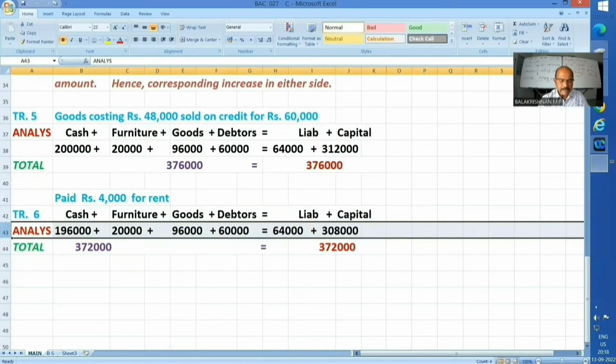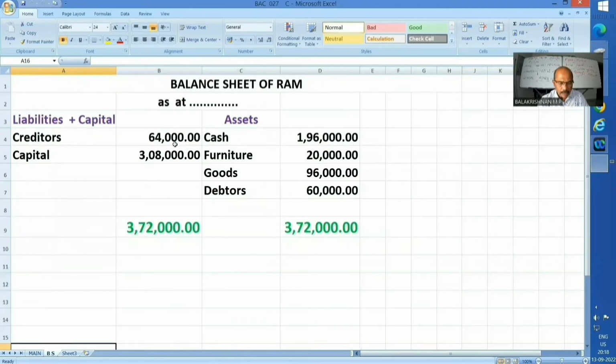Now let us see how these final items have moved to the balance sheet. The same figures have been put in the liability side as well as the asset side of the balance sheet respectively. And the balance sheet total is also 3,72,000 in the liability side and the asset side.